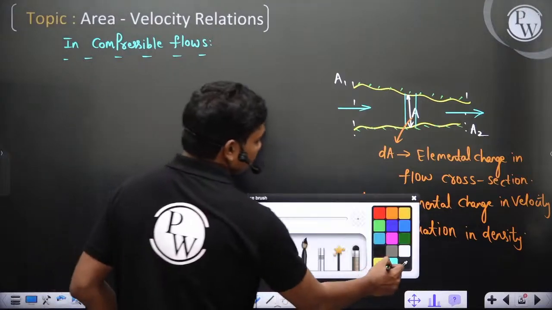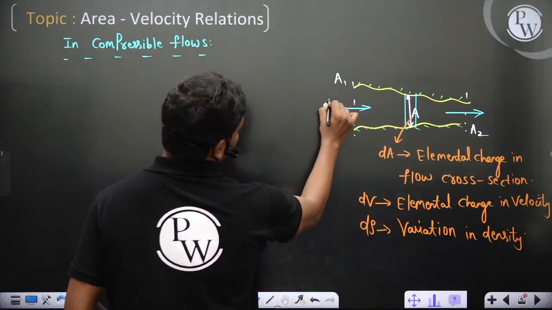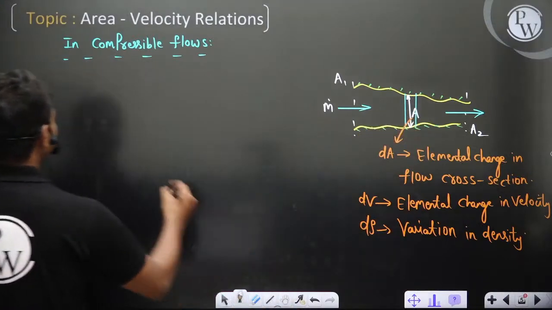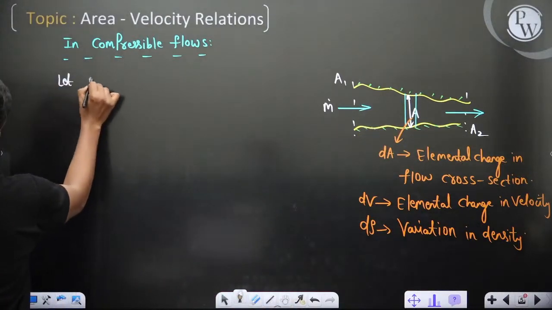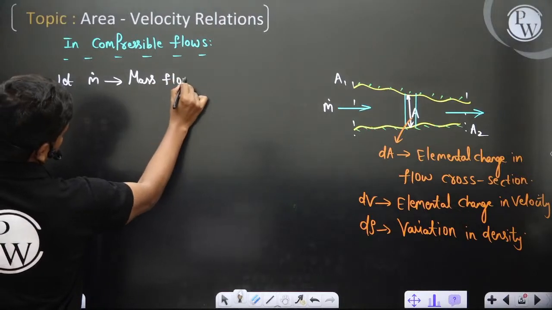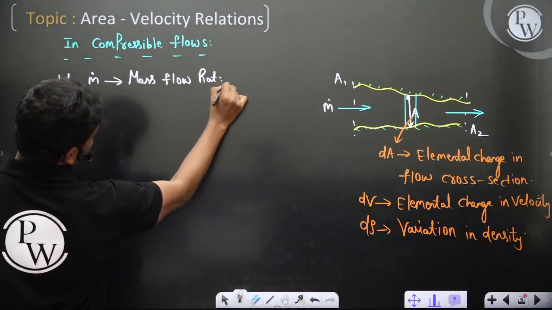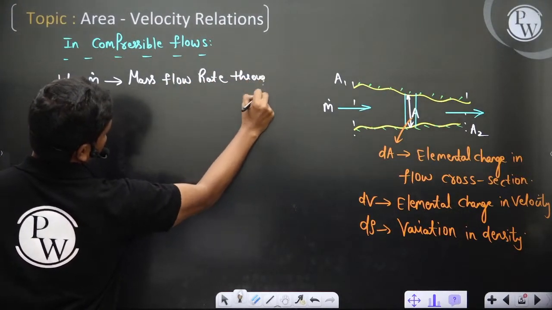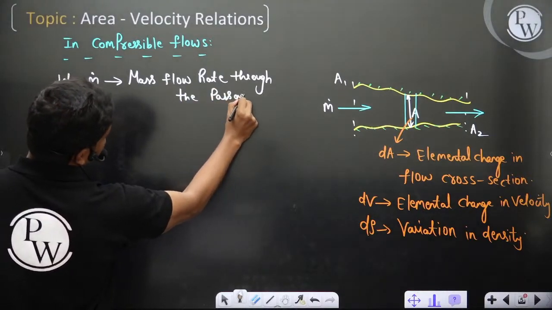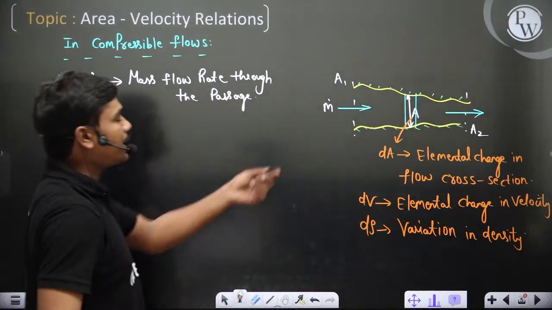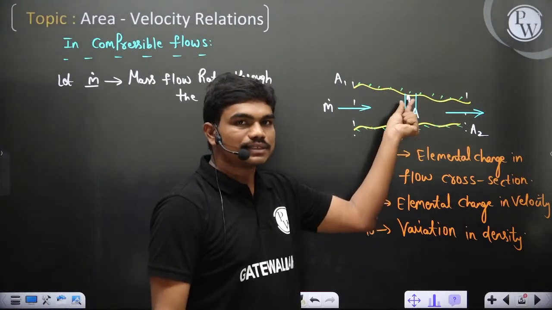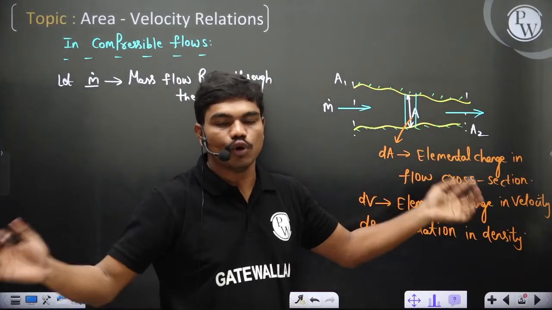Now let's say the amount of fluid which is flowing is m dot. So m dot is the mass flow rate through this section or channel, and this m dot is constant because if you take any small element, it does not have enough volume to hold some amount of mass.